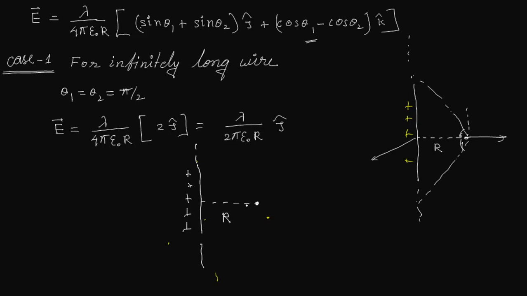The magnitude of the electric field at this point will be lambda divided by 2 pi epsilon naught r. And what will be the direction? If this charge is positive, then it will be away from the source, along this direction, perpendicular to the length and away from the wire. And if this charge is negative, then it will be towards the wire, like this. For negative charge, it will be towards the wire. If it is positive charge, it will be away from the wire. And the magnitude will be lambda divided by 2 pi epsilon naught r.